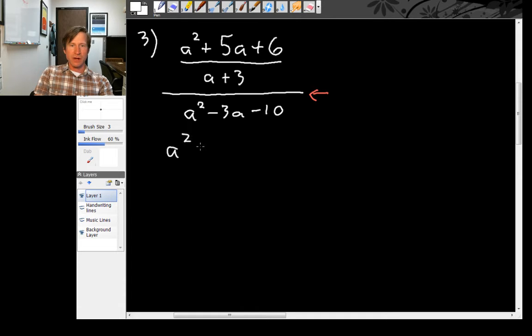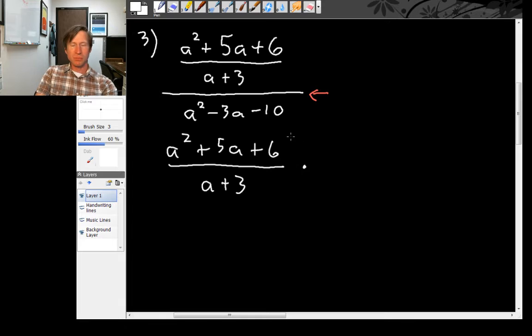a squared plus 5a plus 6 over a plus 3 times, now we need to multiply by the reciprocal of the rational expression in the denominator, and that's this one here, a squared minus 3a minus 10.